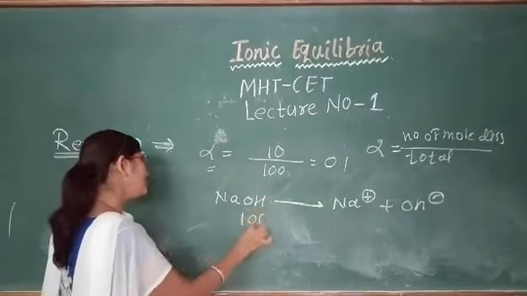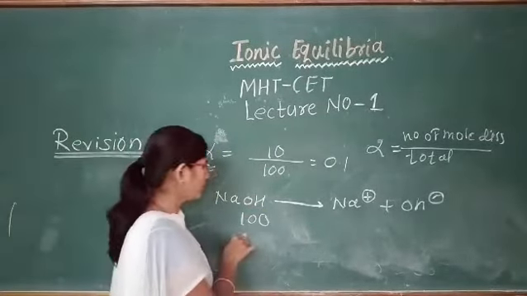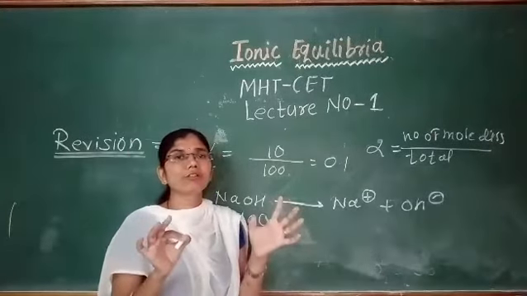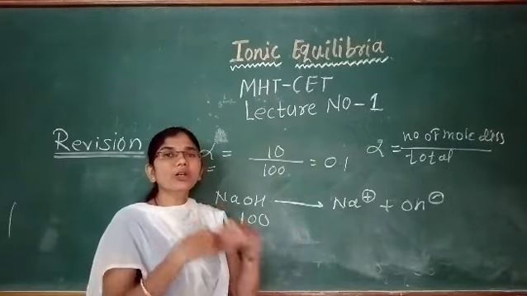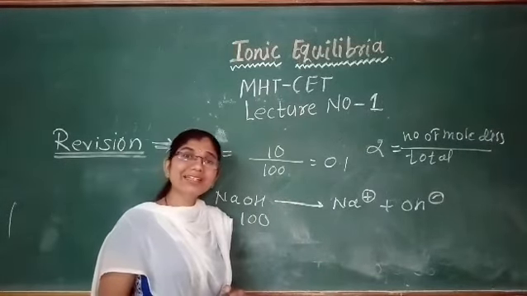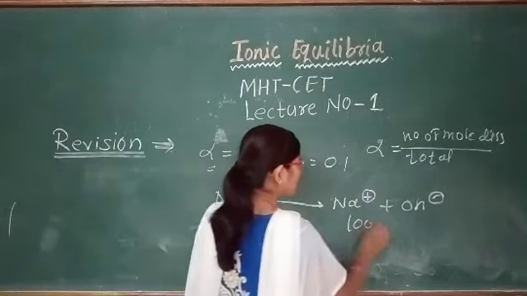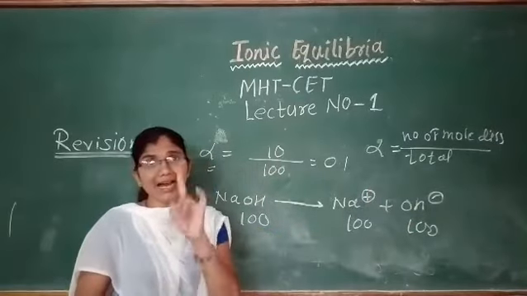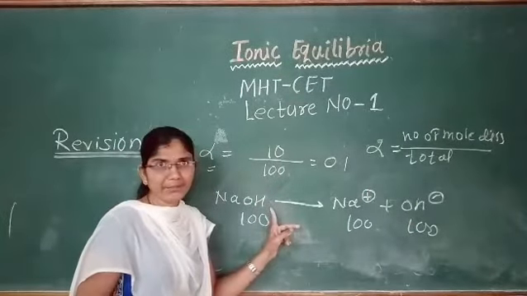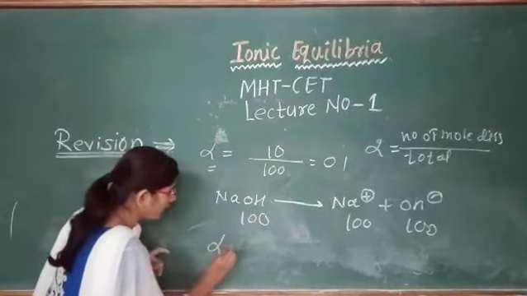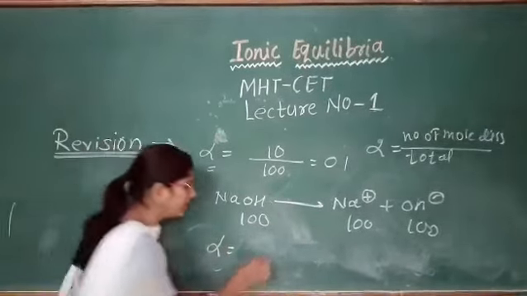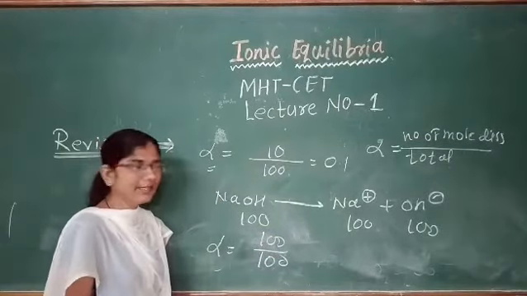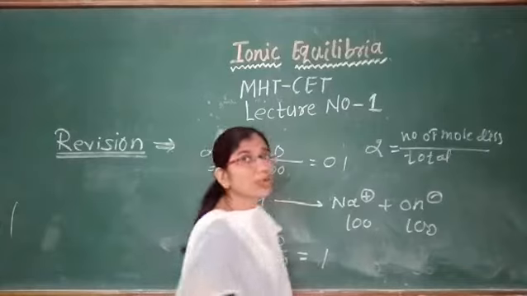If we take initially 100 moles of NaOH, all the molecules dissociate, forming 100 Na plus and 100 OH minus, as it is a strong electrolyte. Then what is the value of alpha? Out of 100 moles, how many dissociated? 100, and therefore it is equal to 1.